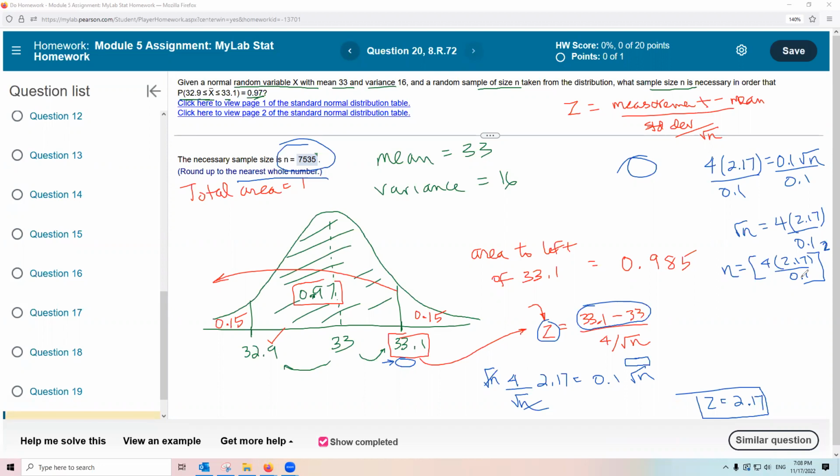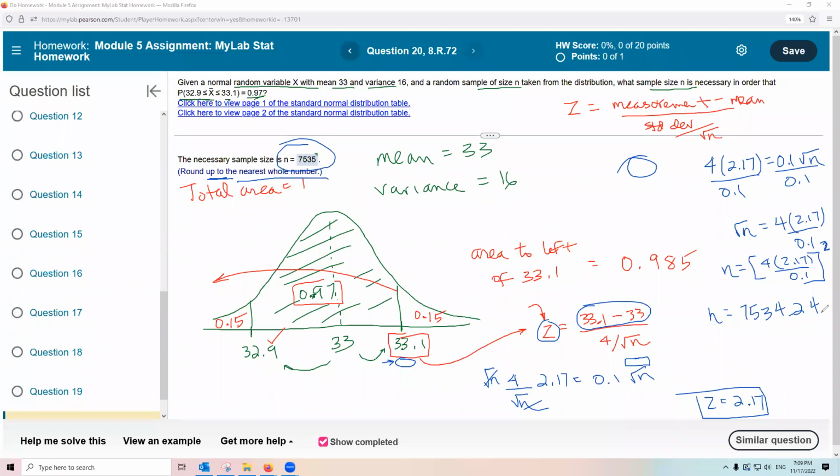So on my calculator, I'm ending up here with 7534.24. But notice it says round up to the nearest whole number.